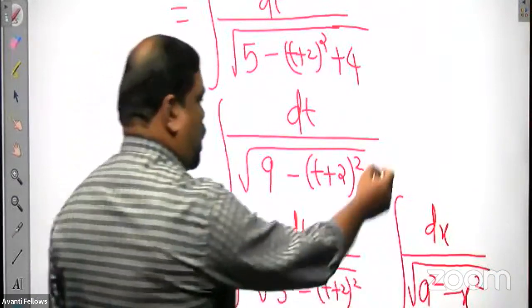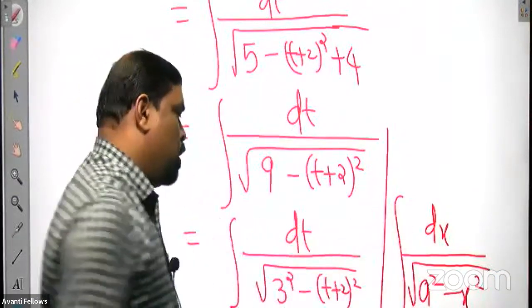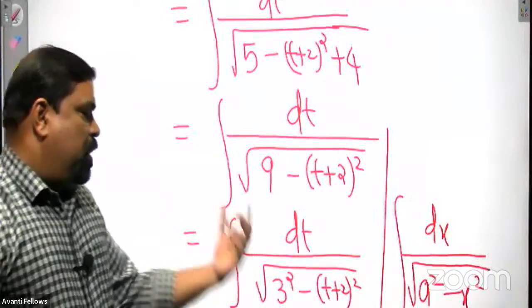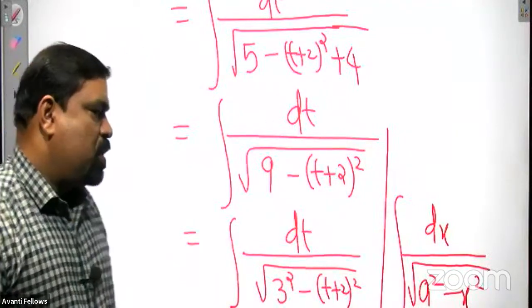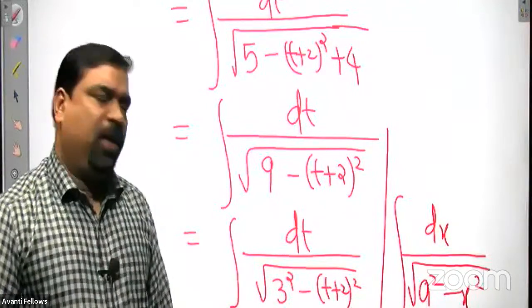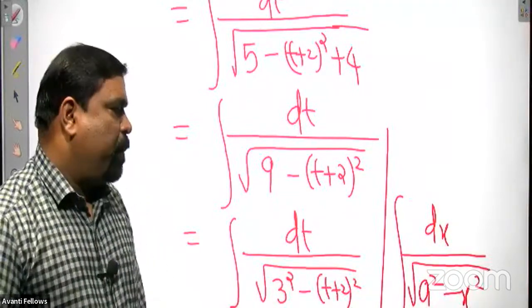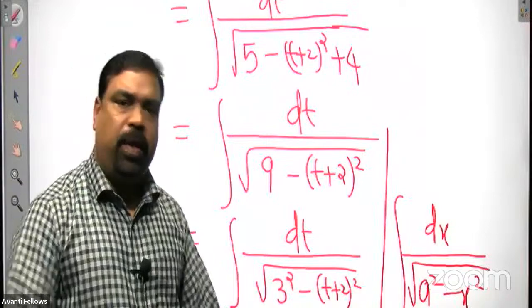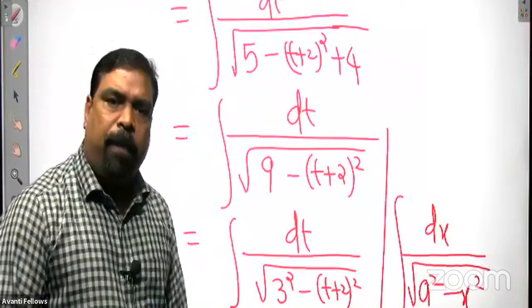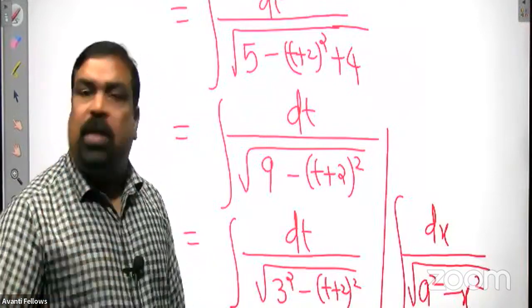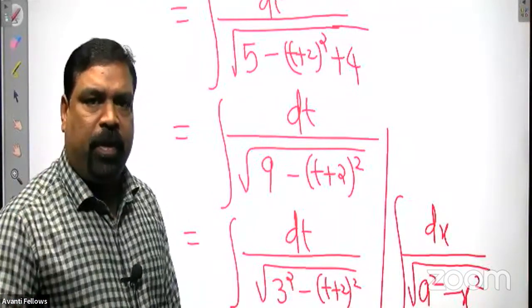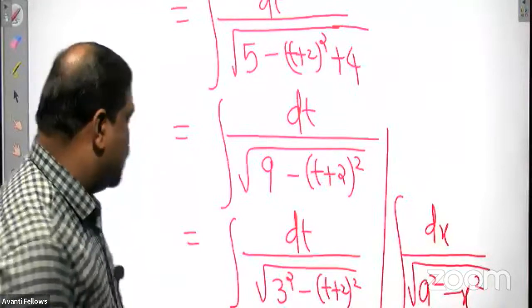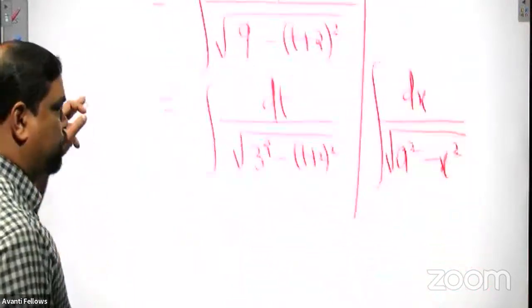If you know this formula, this integral is exactly of this form. I think all of you know this formula. 1 by root of a square minus x square is what? Sine inverse x by a. Sine inverse of x by a. Isn't it? Okay.